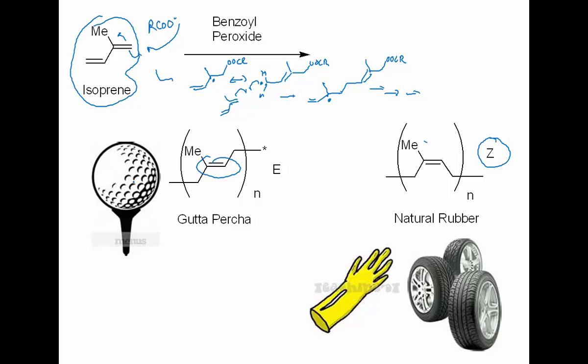You get something in between, but this caused a problem for the U.S. during World War II because all the rubber producing areas of the world were kind of taken over by Japan at the time, and there was a big push to learn how to make artificial rubber.